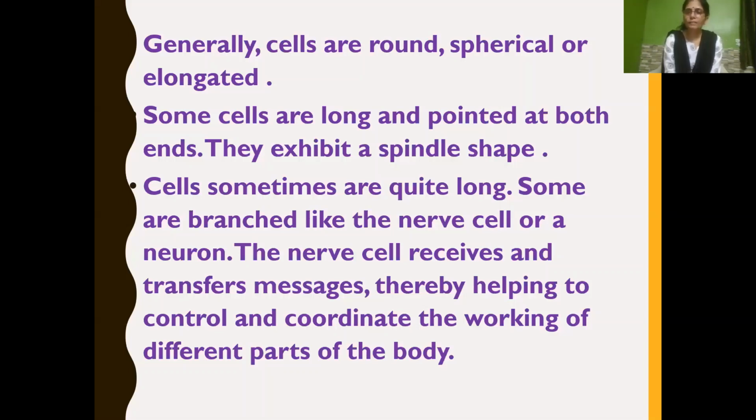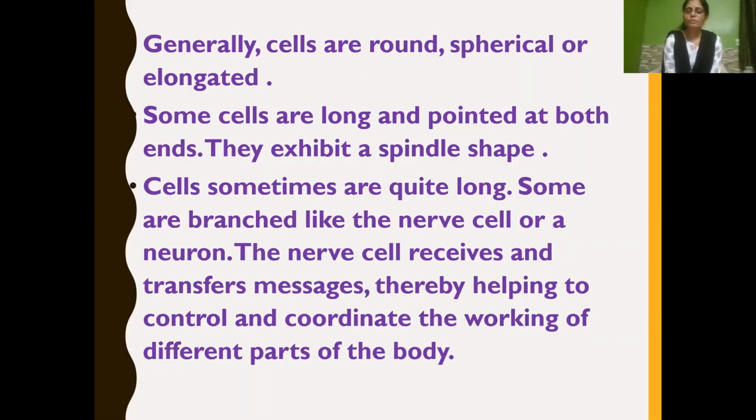The shape of the cell is related with the function it performs. Why are nerve cells very long and branched? Because nerve cells receive and transfer messages from different parts of the body to the brain, and from the brain they receive and transfer orders to different parts of the body.